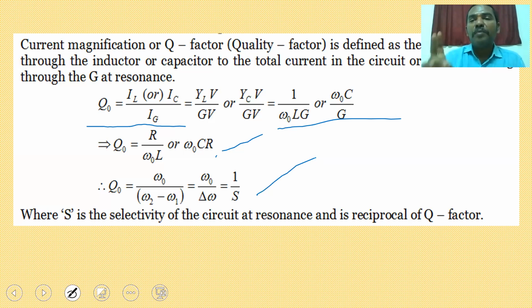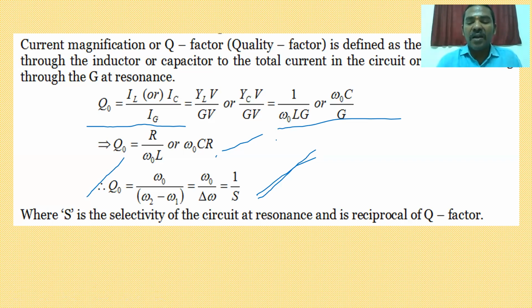Omega naught is 1 by root LC. So quality factor is L omega naught by R or 1 by C omega naught R, and the quality factor and your selectivity must be balanced to maintain good quality factor as well as good selectivity of the circuit. You can get the relation as inversely proportional, so you have to balance it. These are the main concepts of the RLC series circuit and RLC parallel circuits.